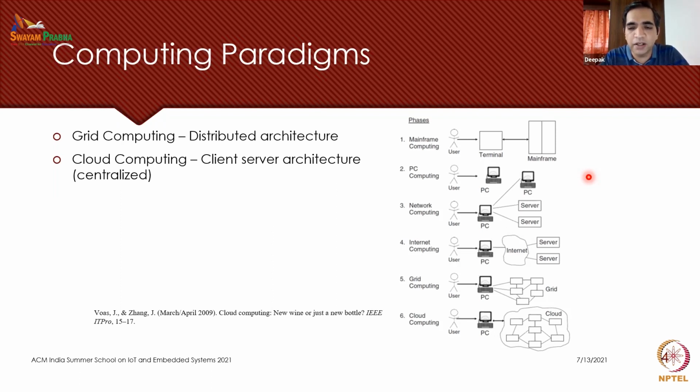Multiple small networks in local areas started getting connected, and that came to be known as the internet. So now you can see the full potential in terms of connecting things all over the world. That phase was called the internet computing phase.